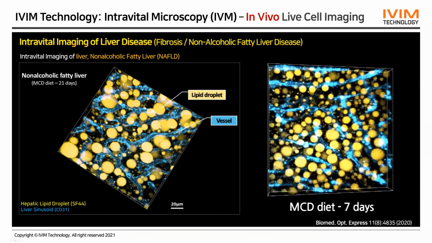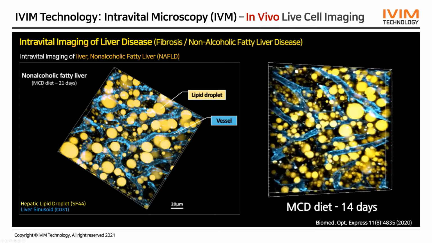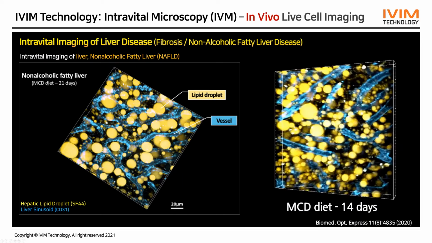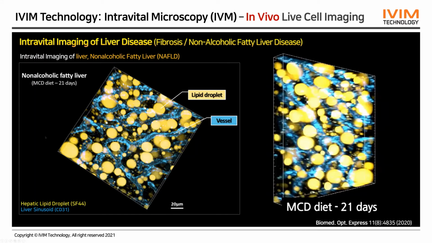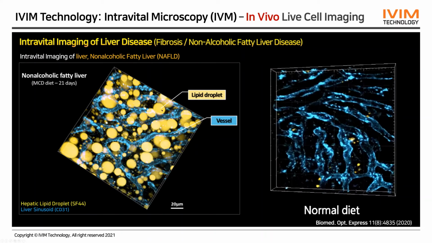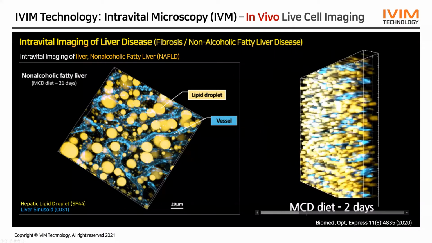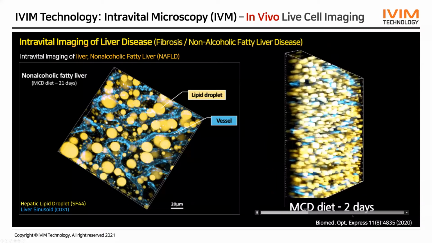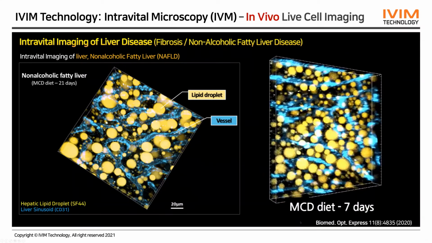In this particular example, we created non-alcoholic fatty liver by giving the MCD diet to the live animal model. With this diet, the mouse developed fatty liver very rapidly. Only 2 days after the MCD diet, you can see the development of lipid droplets inside the liver.